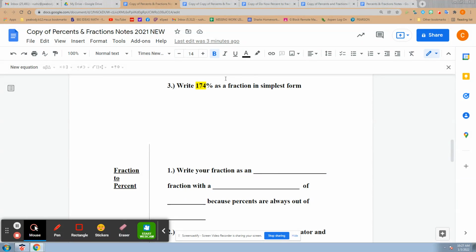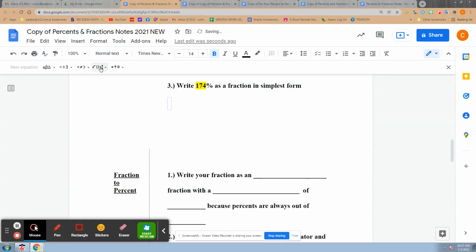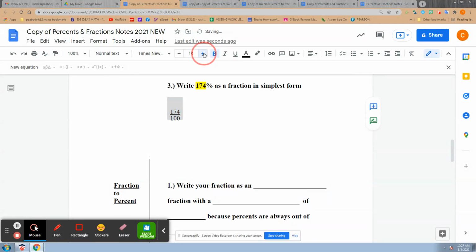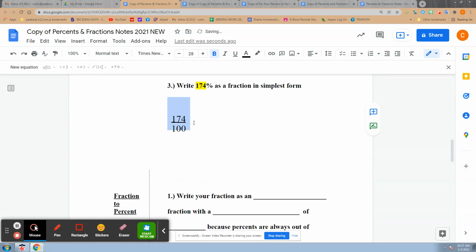So as I was saying, to write 174% as a fraction, I would put 174 on top and 100 on the bottom. For this one, it's okay to have the bigger number on top. This one you definitely can simplify. You can divide them both by 2.